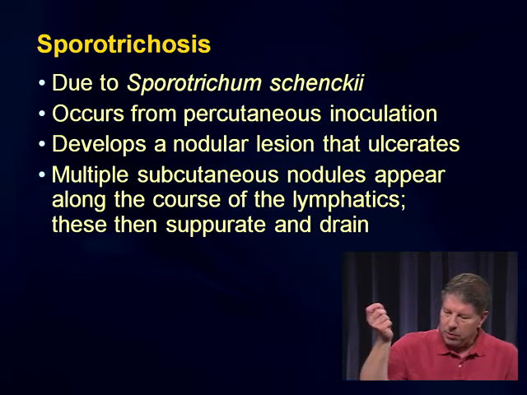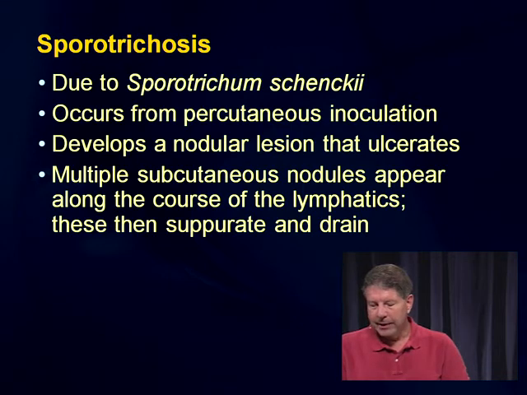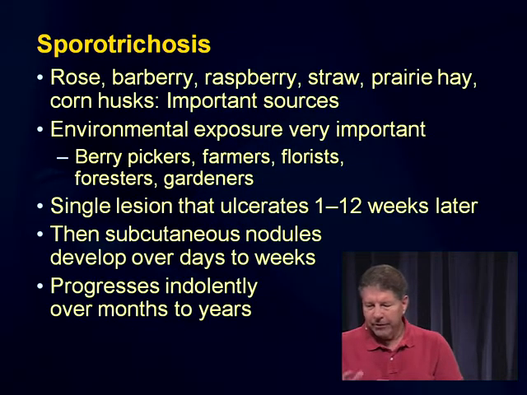So these patients get exposed to this fungus in interesting ways. Usually it's gardening. That's kind of the big thing. They get a nodular lesion at the site of the inoculation. It ulcerates. They get this nasty looking ulcer. And then upstream from that, in the lymphatics, they get these nodes. I'll show you pictures of it in a second. So look out for the kid who's a farmer, who works on a farm and maybe works with straw or hay or corn husks.